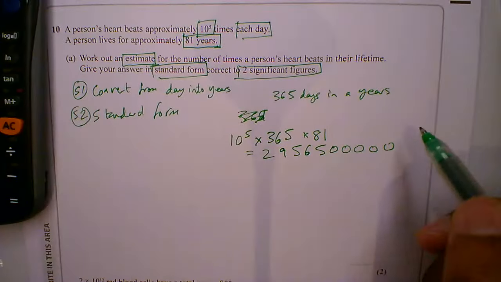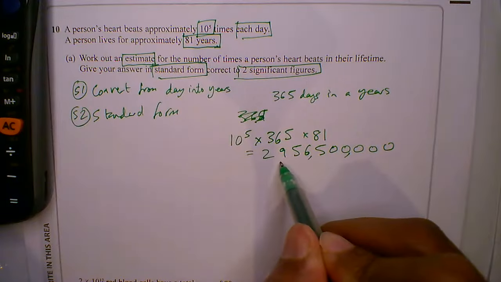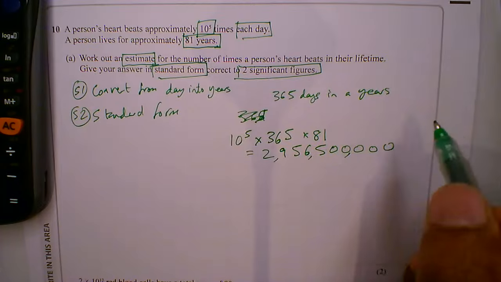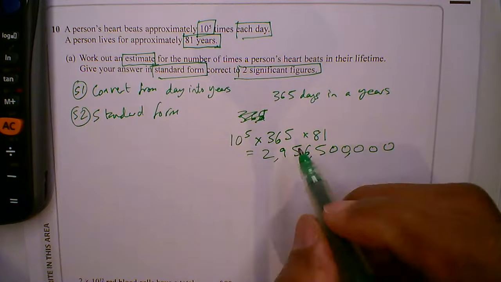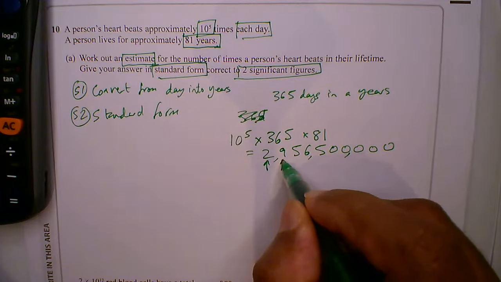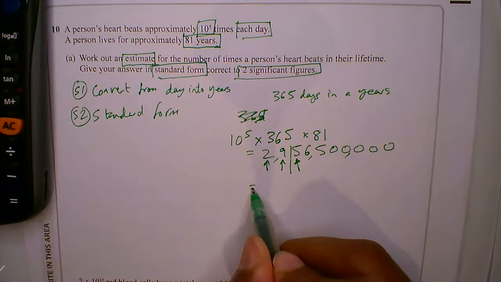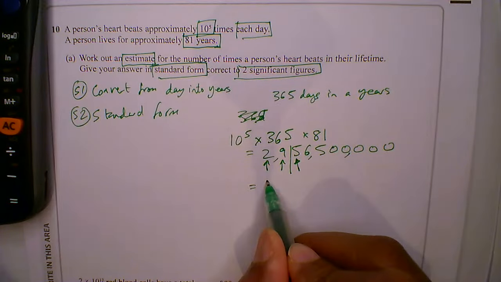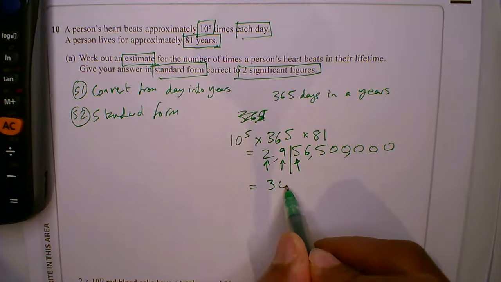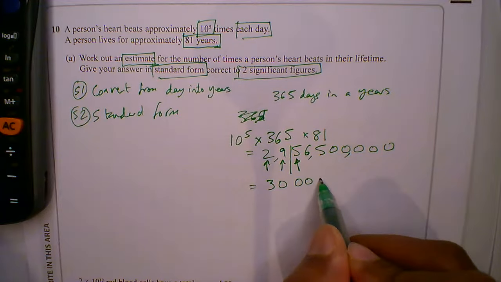Now I can add my commas. And so I want this to 2 significant figures. So this is my first digit, second digit. This is my decider. So 5 will round up, so 29 becomes 30 if you like. All the other digits are 0.